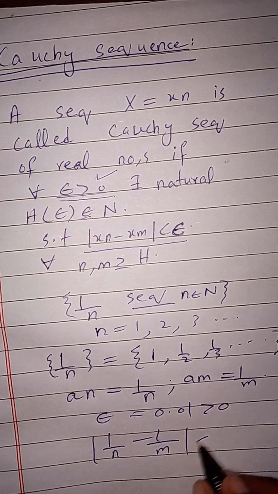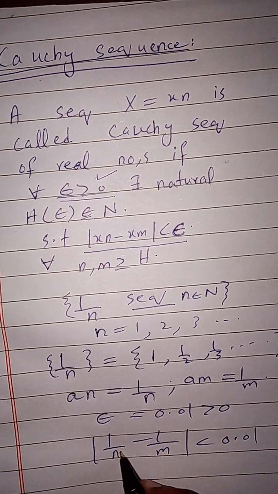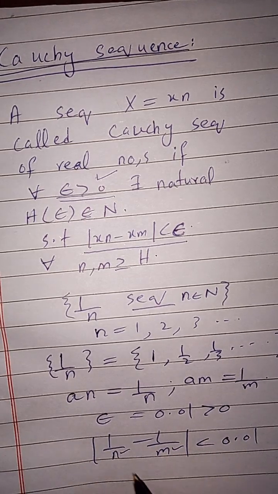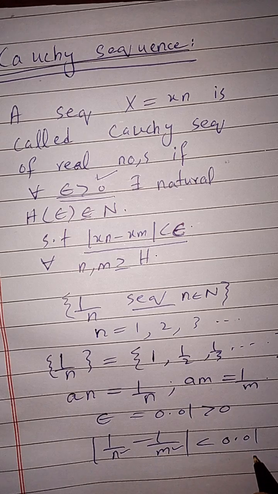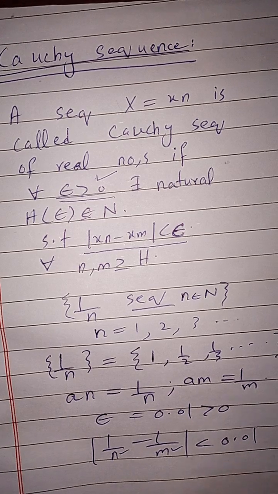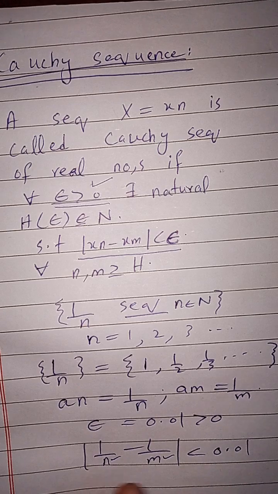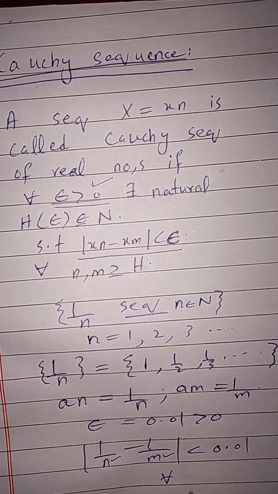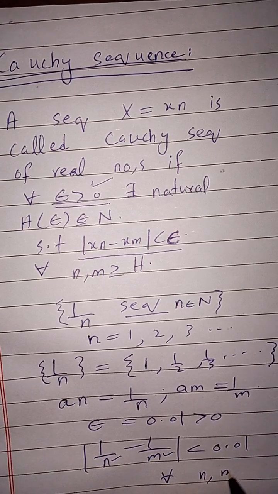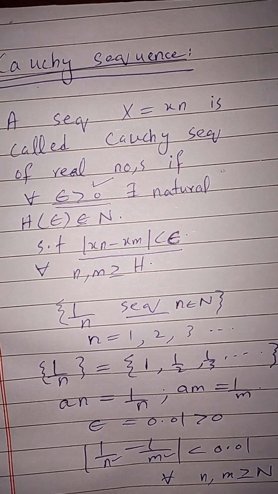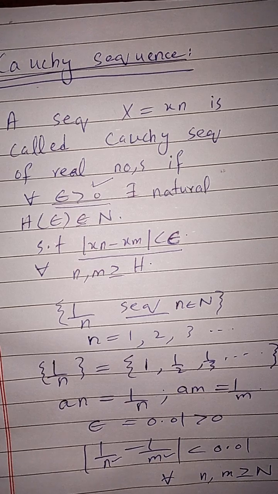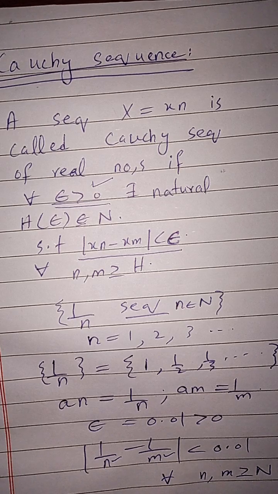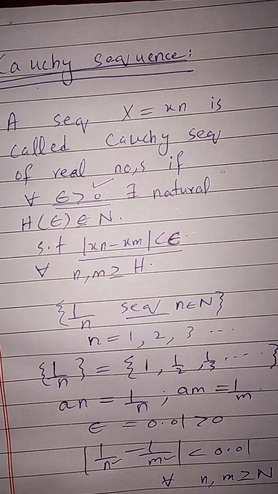According to the definition, can we take any n or m whose distance is less than 0.01? If the sequence is Cauchy, then such n and m exist for all n and m greater than capital N. Let's choose n and m according to our choice.